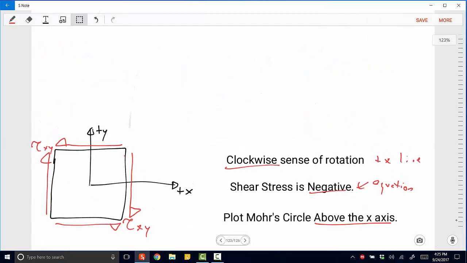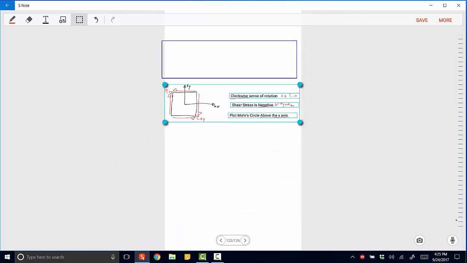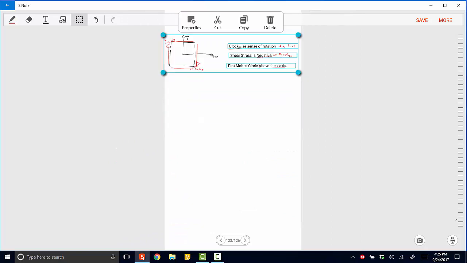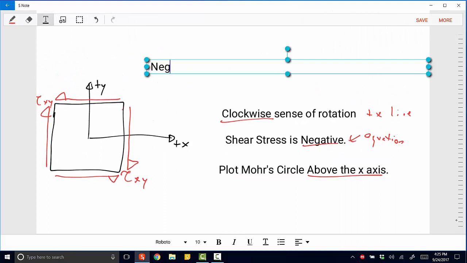So let's move this up. Oh, well, we still got more room here. All right, let's move this way up. And let's just call this the negative shear stress element.